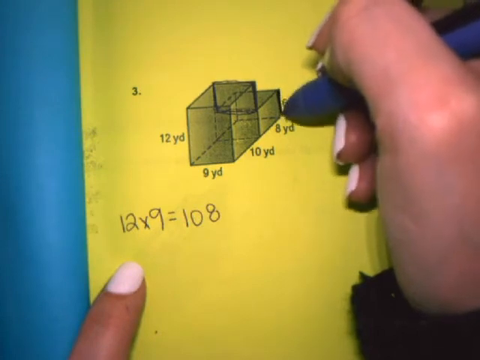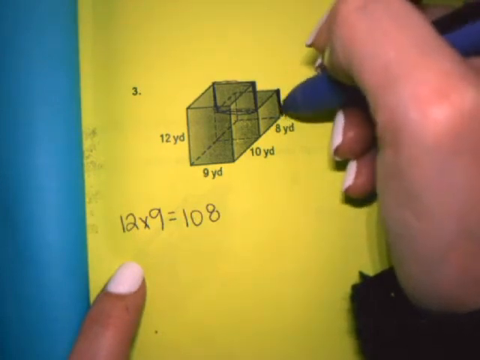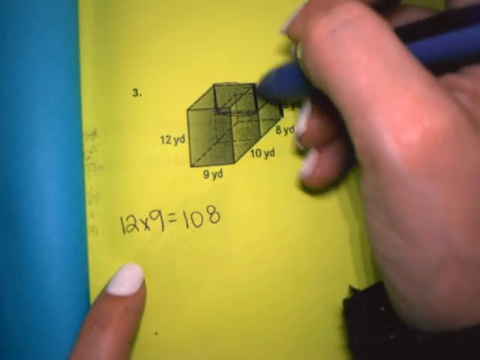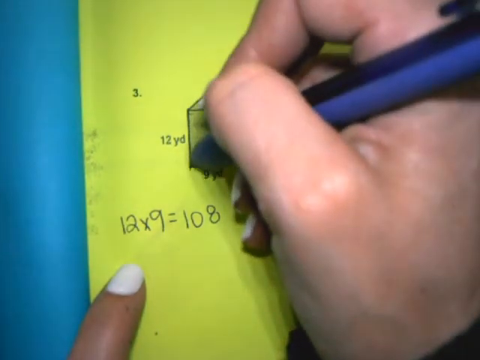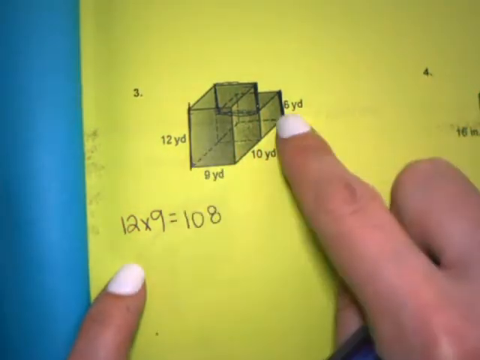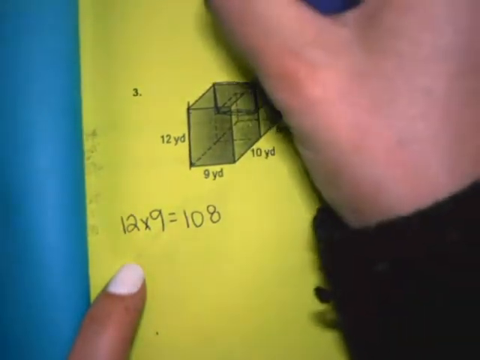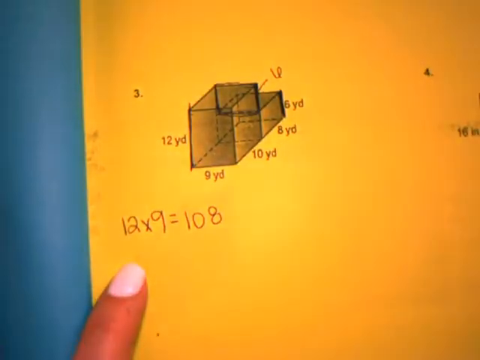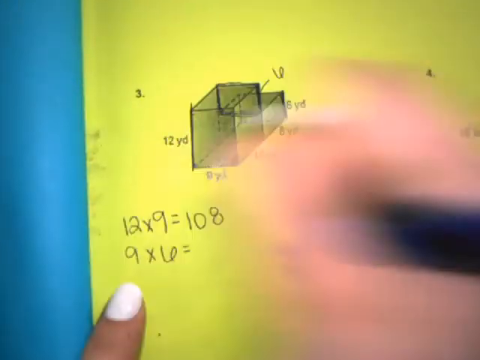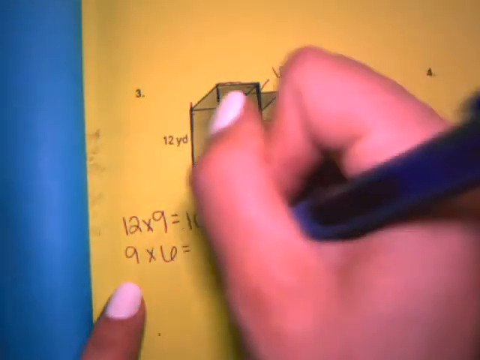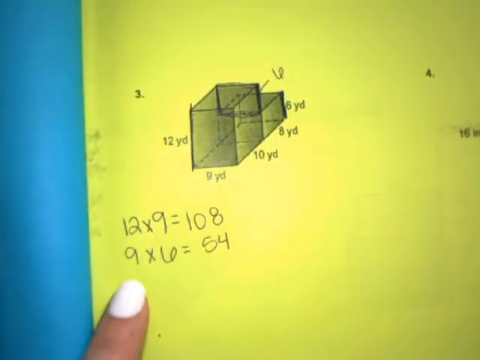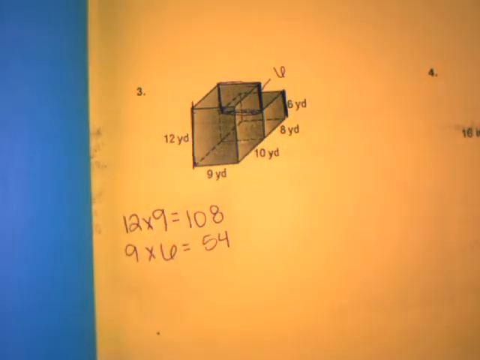Does everyone see that? So if the height of this rectangle is 6, I don't know the height of this rectangle, but the height of the whole thing is 12. What's 12 minus 6? So that's how we know that that is a 6. So we end up doing 9 times 6, which is 54. So that is the front and that is the back.